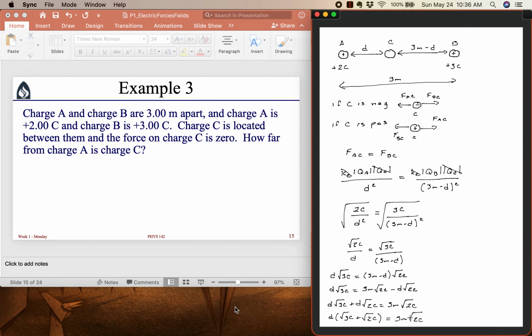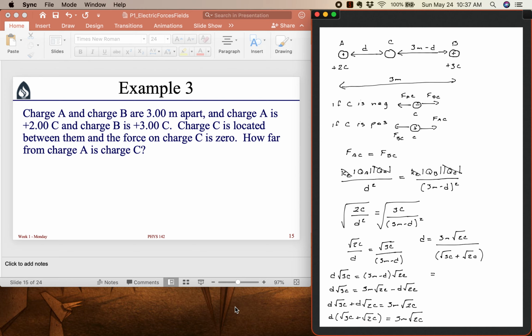And then I need to divide both sides of the equation by the stuff in the parentheses. So that means d is going to be equal to 3 meters times the square root of 2 coulombs divided by the square root of 3 coulombs plus the square root of 2 coulombs.